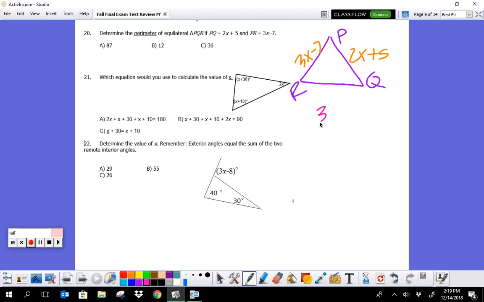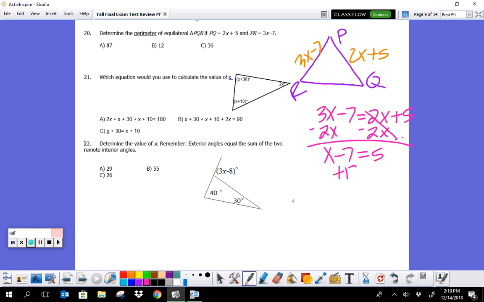So I'm going to set those two sides equal to each other. I'm going to subtract 2x and move it over. So x minus 7 equals 5. Add 7 to both sides. And so x is going to be 12.